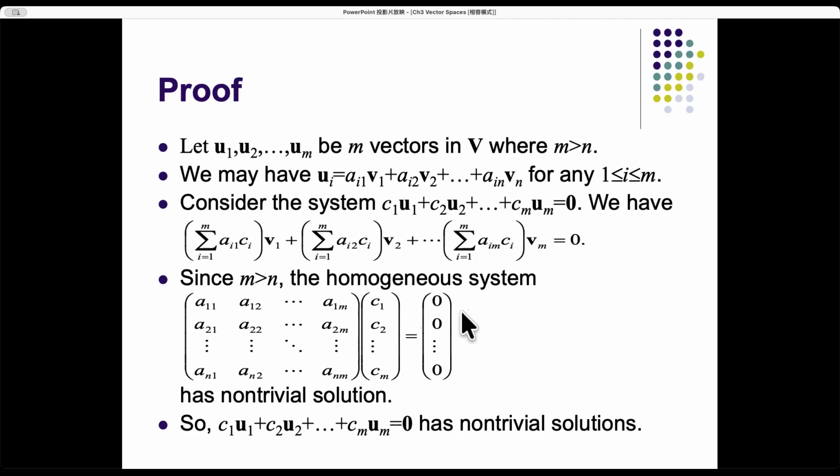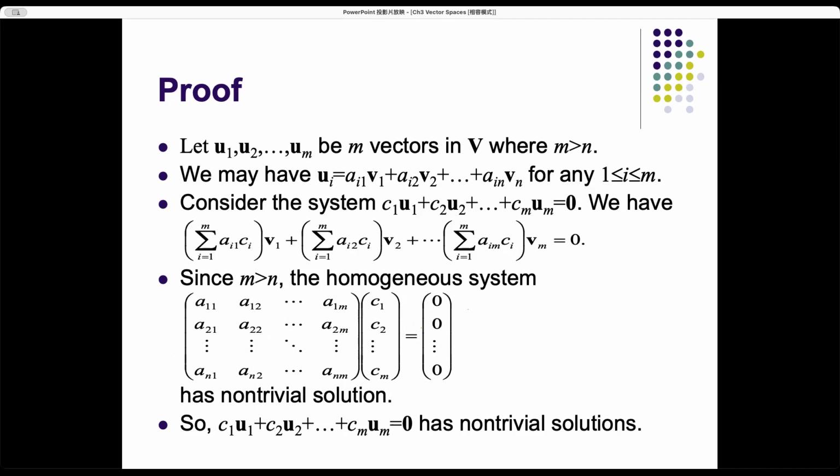But look at this matrix, because m is greater than n. What is the meaning of m? M is the number of columns, and n is the number of rows. You have more columns than rows.